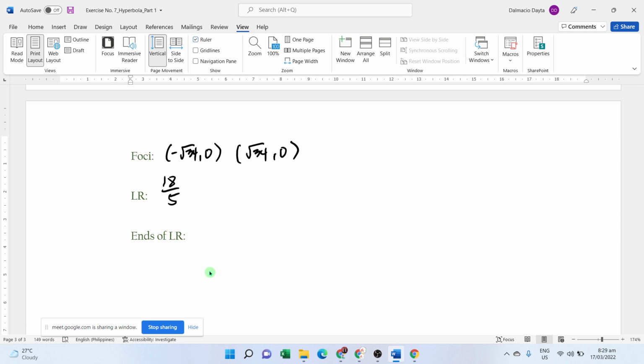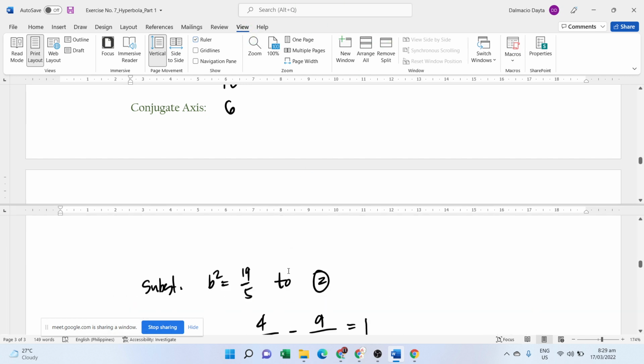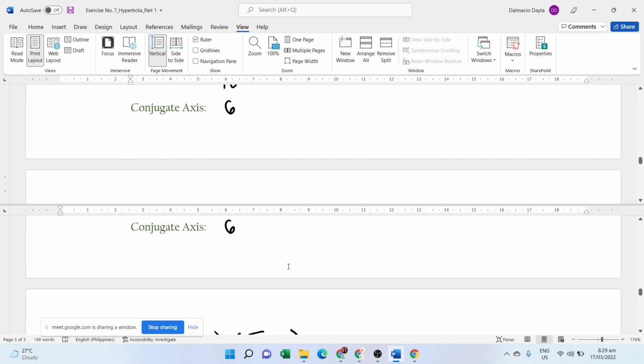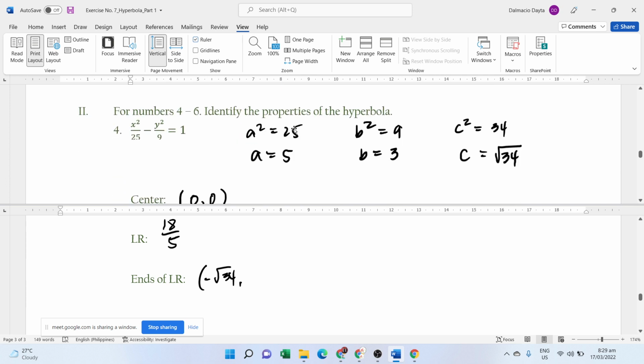So on the left branch, we have negative square root of 34. What will be the y coordinate? That will be b squared over a. Split nga ulit natin. Yeah. That will be b squared over a.